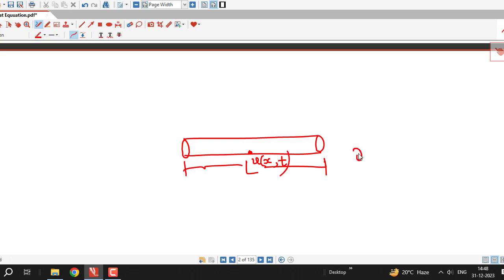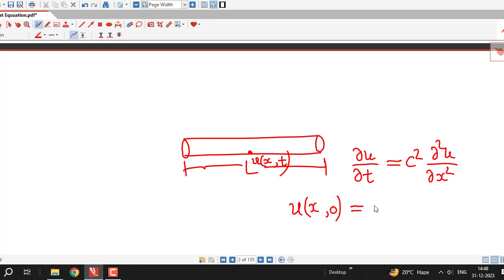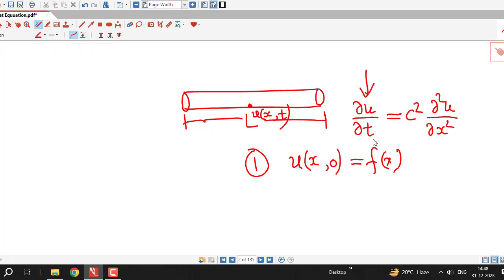This model is governed by the heat equation ∂u/∂t = c² ∂²u/∂x², and we consider initial temperature as some function of x. Here we have only the first derivative with respect to time t, therefore only one initial condition is required, and we will require boundary conditions.